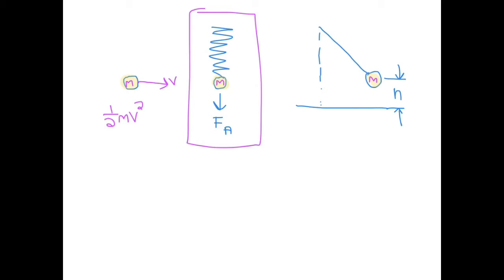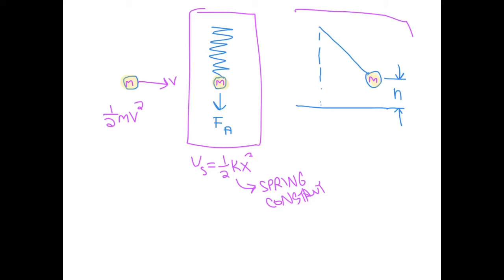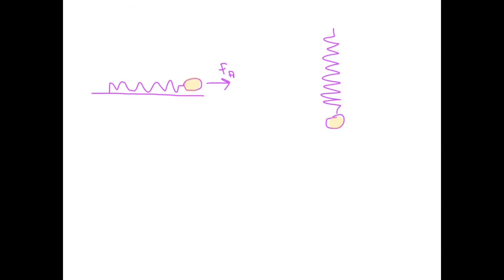Here it's part of a system because it's attached to a spring, so it can have, in addition to kinetic energy, spring potential energy, which is 1/2 kx squared, k being the spring constant. And if it's part of a pendulum, then it's also part of a system because Earth is part of that system. And then you could have potential energy, gravitational potential energy, which is mgh.